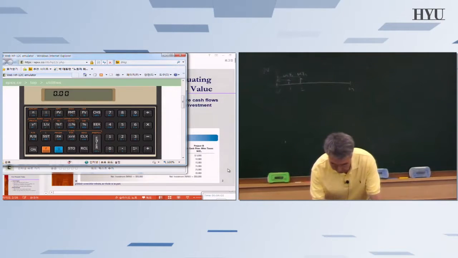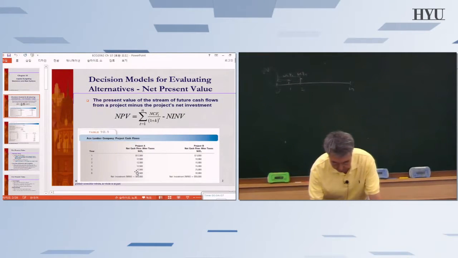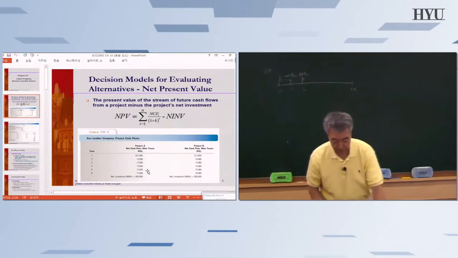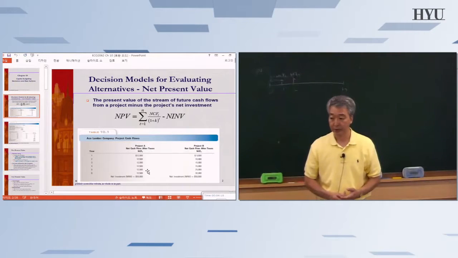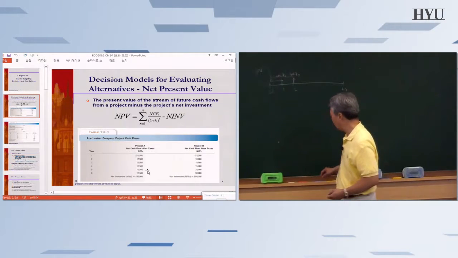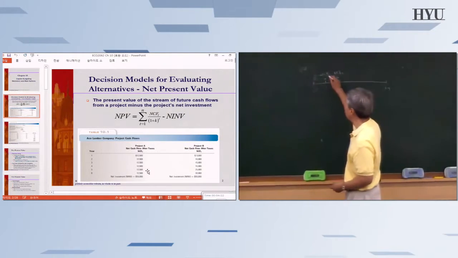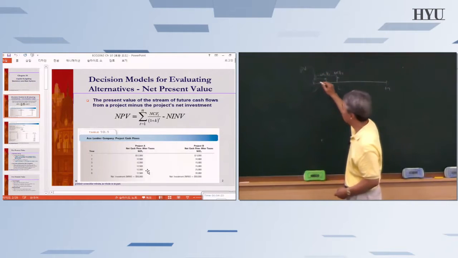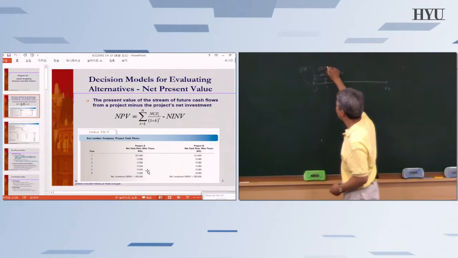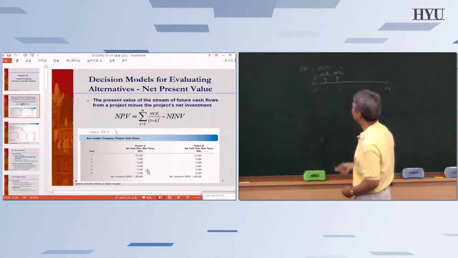So first problem, for example: net investment is $50,000, and you expect the same amount of net cash flow for all 6 years. So this is a 6-year project, but you happen to expect the same amount, $12,500, for all 6 years.